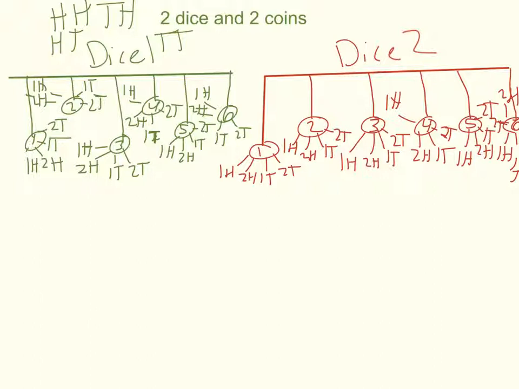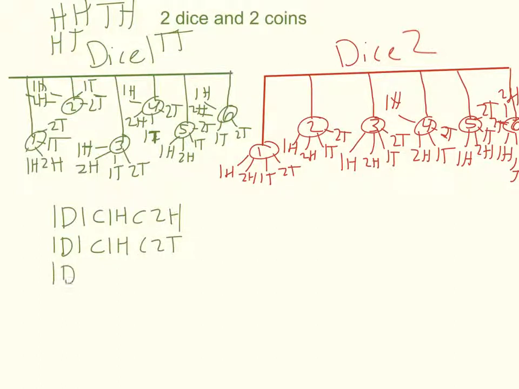Now, when you go to do your list, if you have to make a list on your test, I'm not sure, but if you did, you would start out with first die, and then you say side 1, and then you would say coin 1 heads, coin 2 heads, and then you would say first die, side 1, coin 1 heads, coin 2 tails.